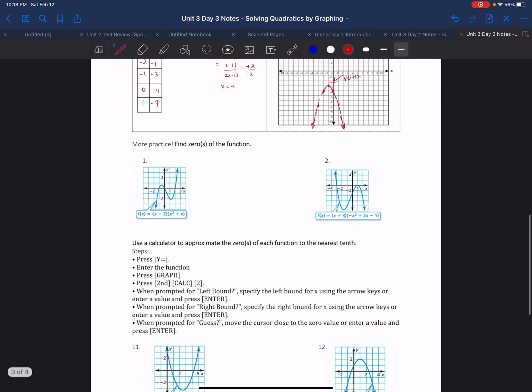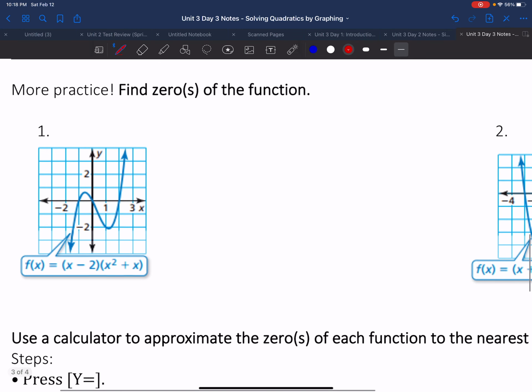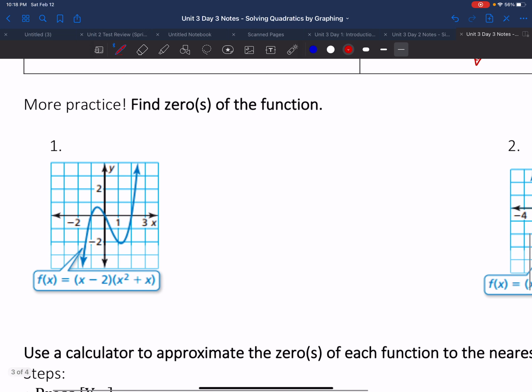Let's do some more practice. It says find the zeros of the function. Again, it's just where the line crosses the x-axis. So we see number 1, here's where the line crosses the x-axis.